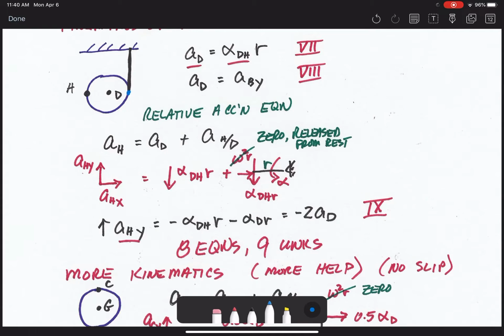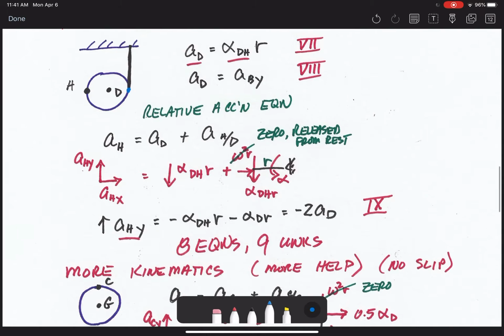There are two components of acceleration: the tangential component, alpha r, and the normal component, omega squared r. Because it starts from rest, we don't have the normal component of the acceleration of H relative to D, so you only have alpha DH times the radius.